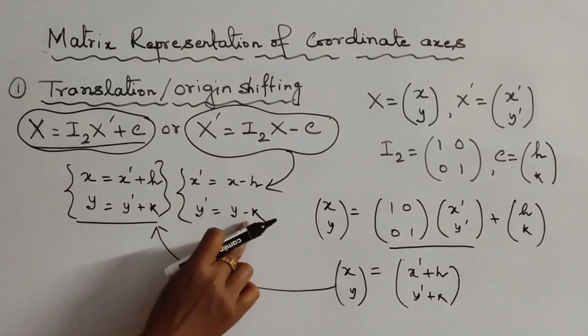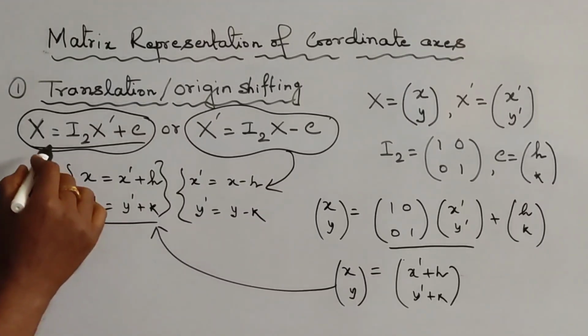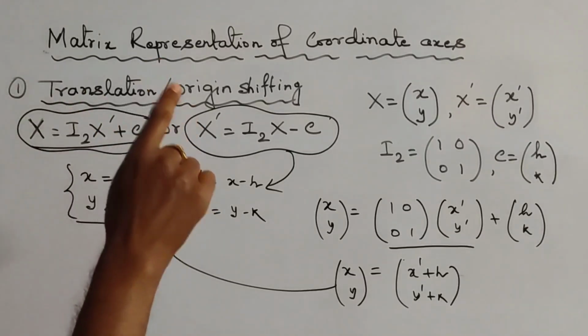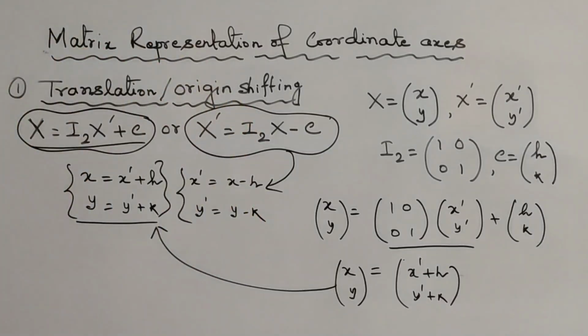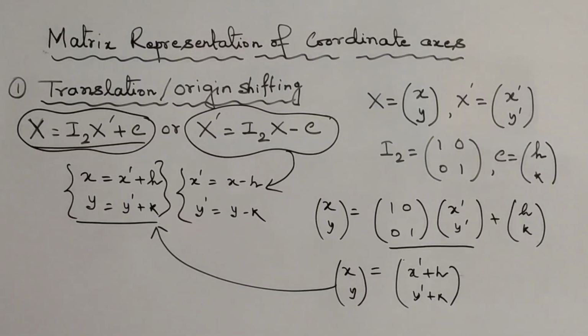This is from old to new, and this is from new to old. So translation or origin shifting can be written in matrix form as x equals I2 x dash plus c, or x dash equals I2 x minus c, where x, x dash, I2 and c are as given.